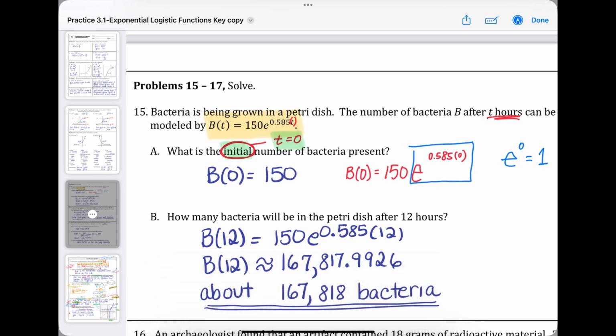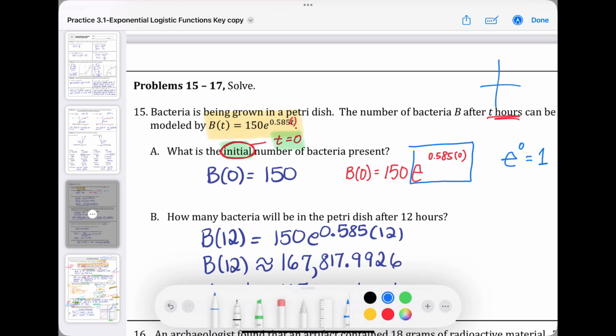Now, this is the definition. The final answer is 1, because the exponential function guarantees that it must go through (0, 1). So whatever exponential function you see, it always gives the perfect answer (0, 1).